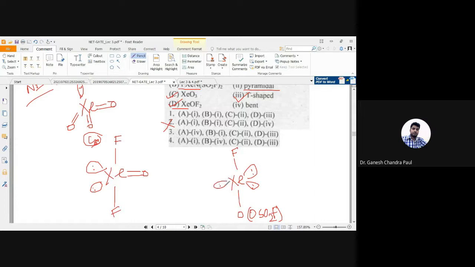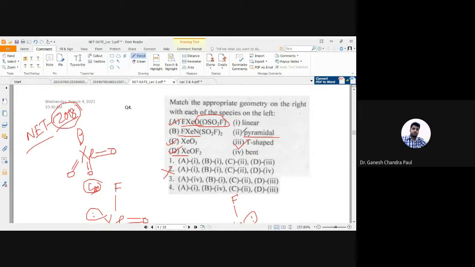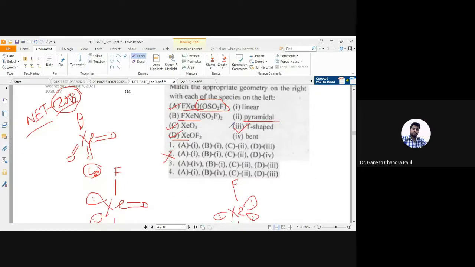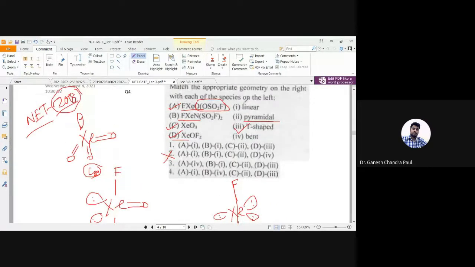Now the geometry is TBP, but the shape is, you can say, linear like this, a linear compound. Okay, so now A is matched with option A. So option A, yes, it is given, so you just cut option number 3.